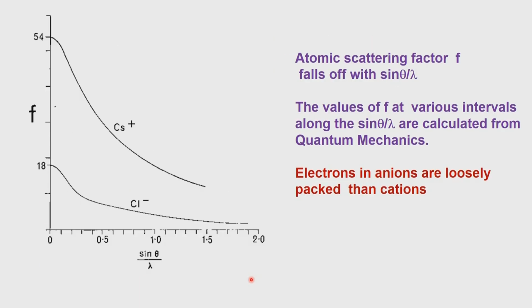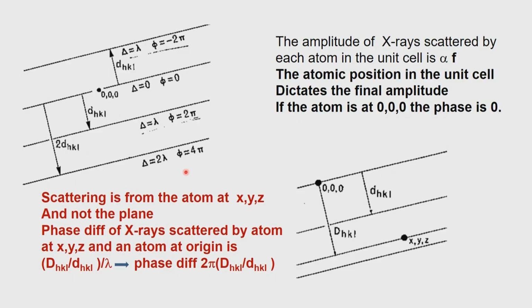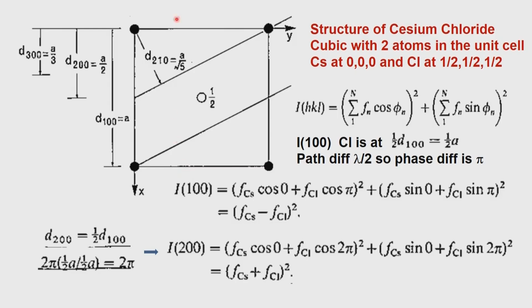That means, if you go back here, the 100 may come corresponding to these 2 points, and 200 may come corresponding to those 2 points. So, the value of f will not be now 54 and 18, it will be much lower. So, as you go to the higher angles from 100 to 200, the values of f Cs and f Cl will reduce.